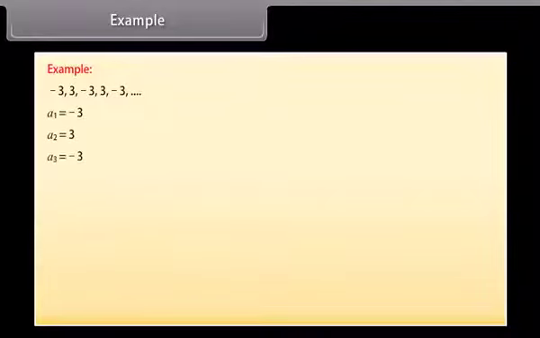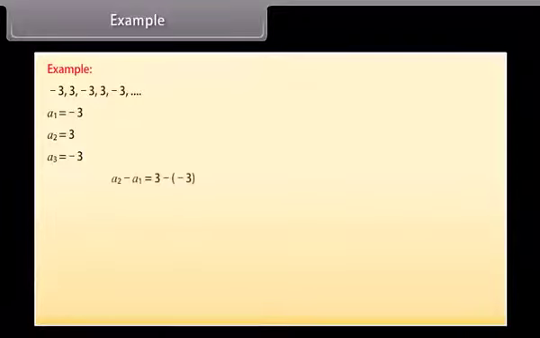Example. Let us now solve some examples. Observe this sequence. We will find out whether these numbers form AP or not. Here A1 is minus 3, A2 is 3, A3 is minus 3, and so on.